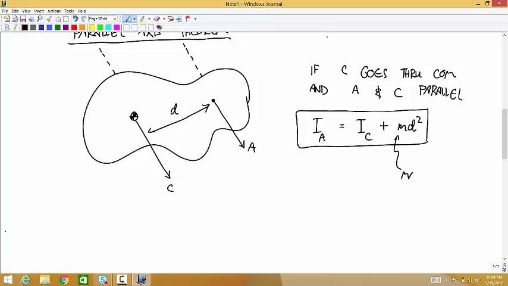M is the mass of the body. D is the distance between the two axes.